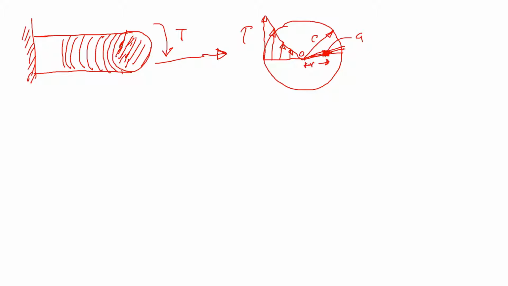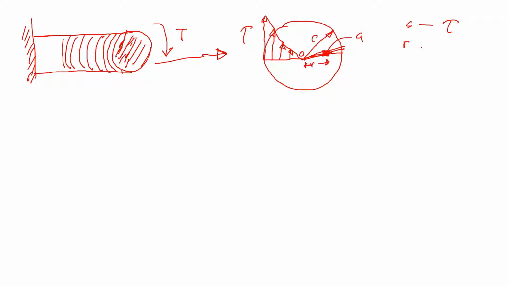And then this area. If we want to calculate how much force is on this area, we need to know the shear stress. The maximum shear stress is tau at a distance of C. So at C distance we have tau shear stress.